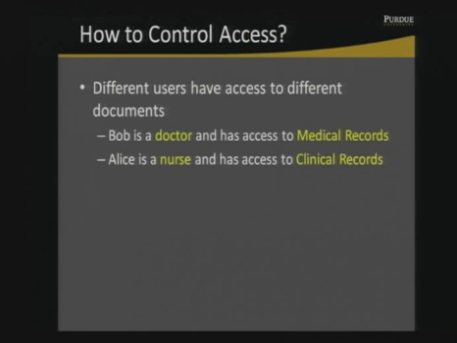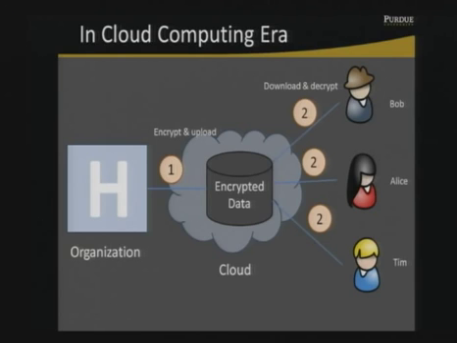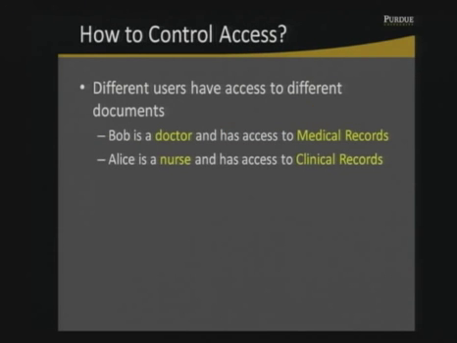When we talk about encrypted data, one of the key issues is access control. How do you provide access control on encrypted data? For example, in that picture, we had 3 users, Bob, Alice, and Tim. Bob is a doctor, and he has access only to medical records. Alice is a nurse. She has access to only clinical records. So how do you make sure that Alice does not access these medical records?